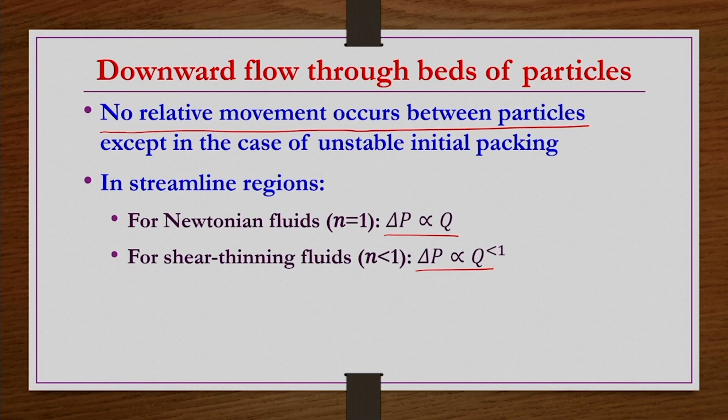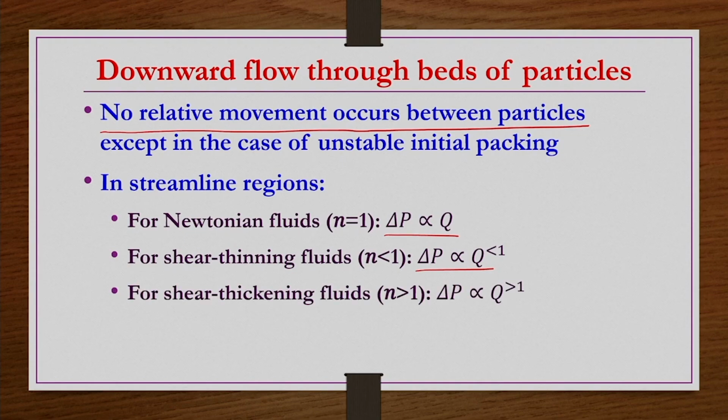So, that you expand and then you write in terms of pressure drop versus volumetric flow rate. Then you can understand, pressure drop is proportional to Q to the power of less than 1 if it is a shear thinning fluid. If it is a shear thickening fluid, pressure drop is proportional to Q to the power of greater than 1. This you can understand from the frictional pressure drop equations we have derived in the previous 2 lectures for the case of packed beds.